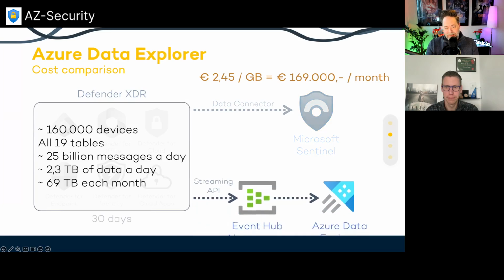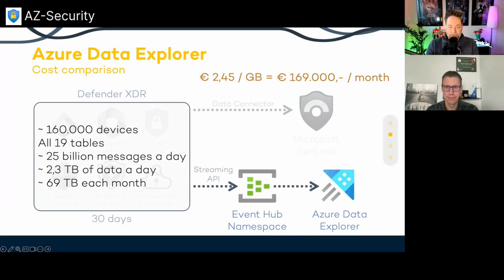I did the exact same setup with an Event Hub namespace in between, where I leveraged the streaming API from Defender XDR to stream all the logs into the Event Hub namespace. I actually needed multiple Event Hub namespaces to take care of all the load from all the logs. But even considering the prices for Event Hub namespace and ADX, the end cost was only 7,500 euros a month for, well, a similar setup. Wow.